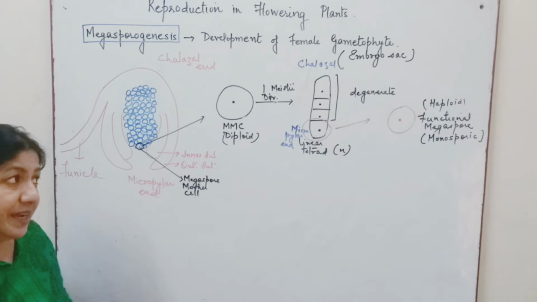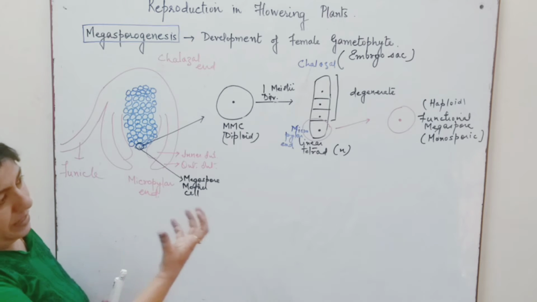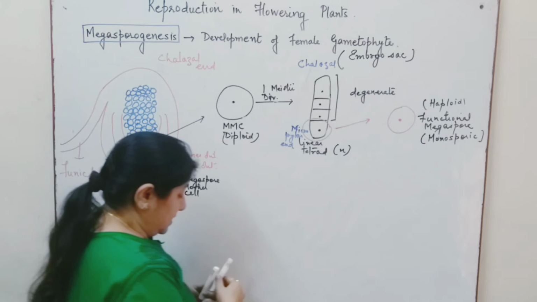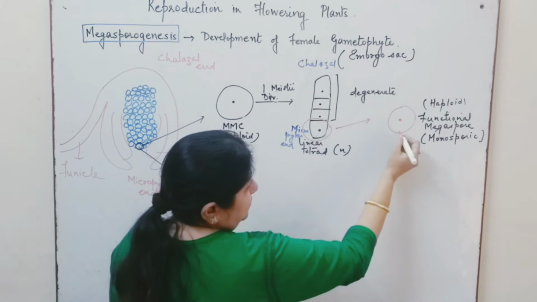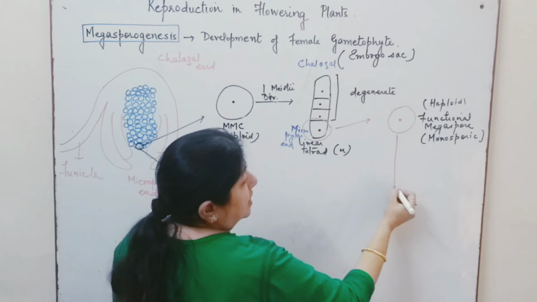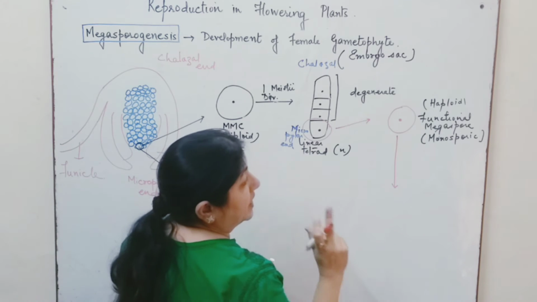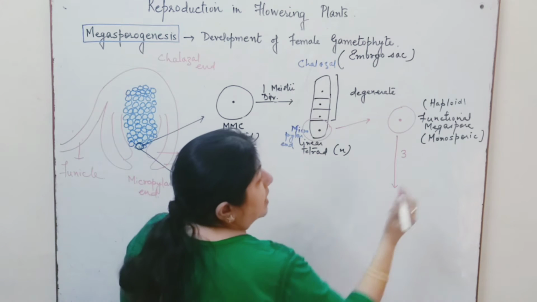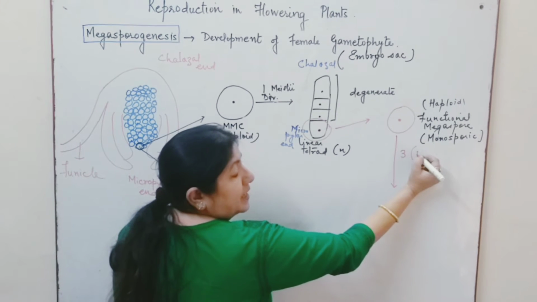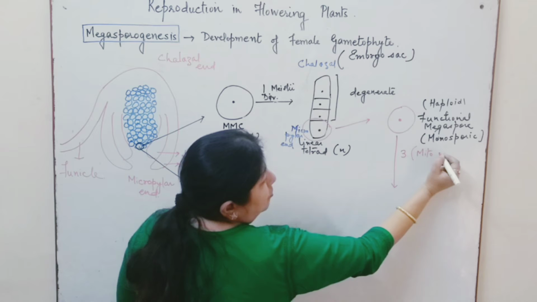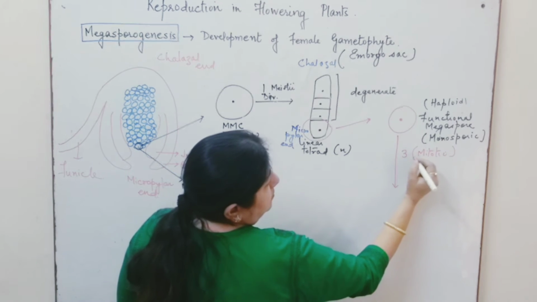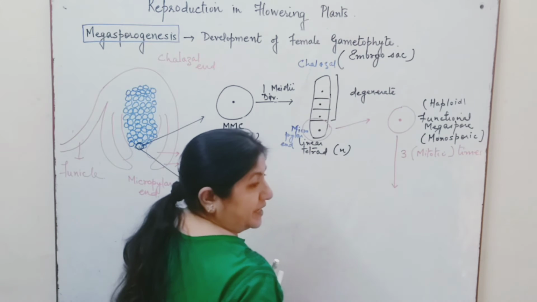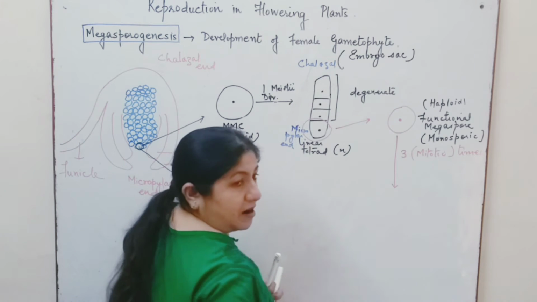Now let us understand how this megaspore forms the embryo sac. This functional megaspore undergoes 3 repeated divisions, and remember, all 3 divisions are mitotic.